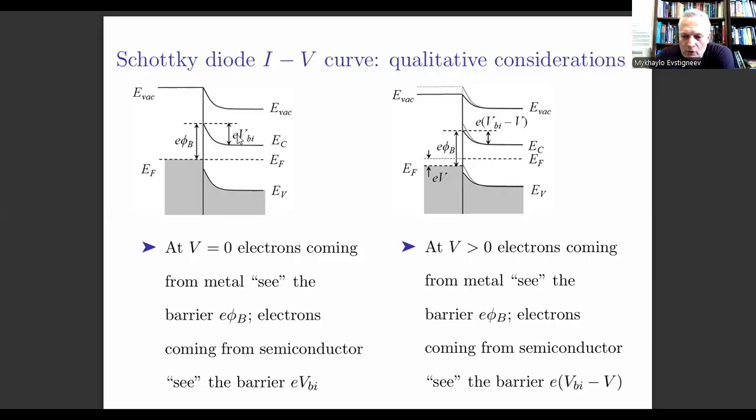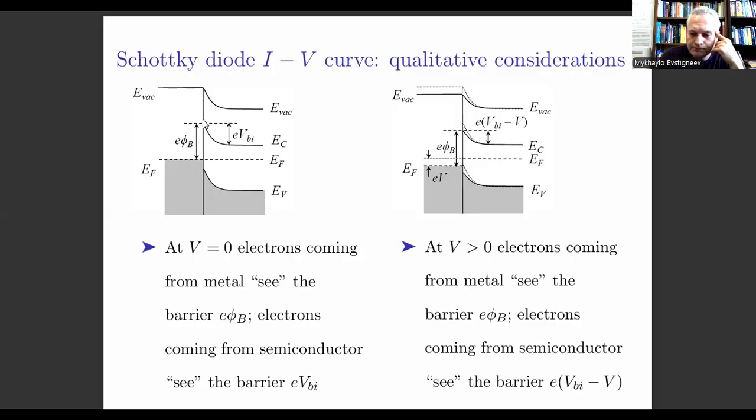Now, the built-in voltage is much lower than the Schottky barrier, which means that it is much easier for electrons to enter the metal from the semiconductor side, but the concentration of conduction electrons in the semiconductor is much lower than the concentration of electrons in the metal. So these two effects, the lower barrier but the lower concentration of electrons, make the two currents from the semiconductor into the metal and from the metal into the semiconductor mutually balanced.